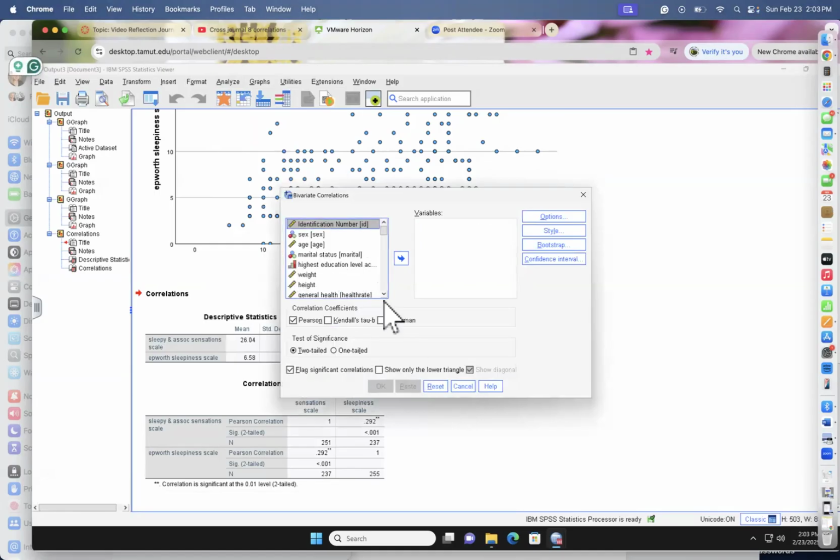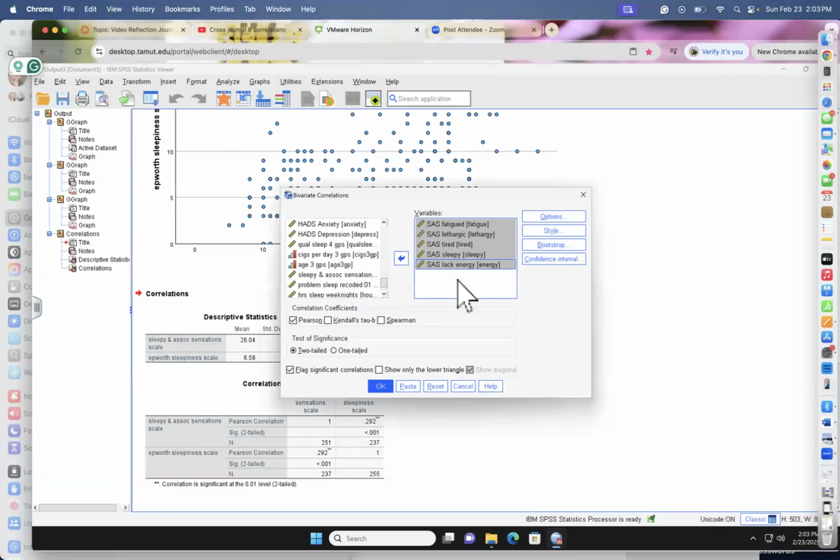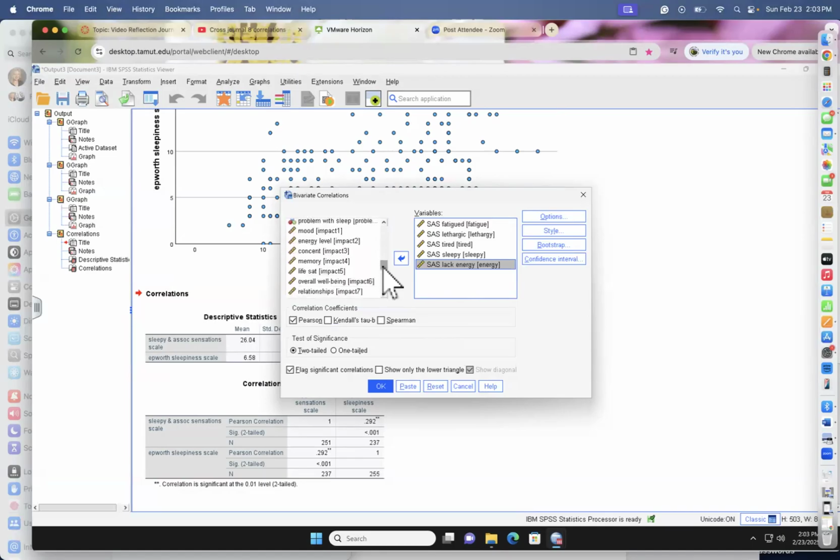I'm going to reset this. Now, what I am going to do is go down to my SAS, but remember, I'm not going to do my entire SAS, I'm going to do them separately. So I'm going to come over here, highlight it down, click that over. Now I've got all the elements that make up that total. And I need to come back up here and put my Epworth in here. I'm going to show you why in a minute.